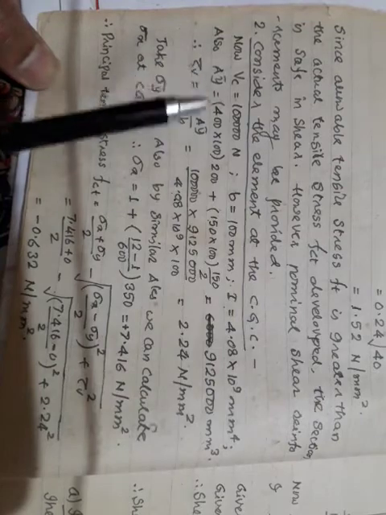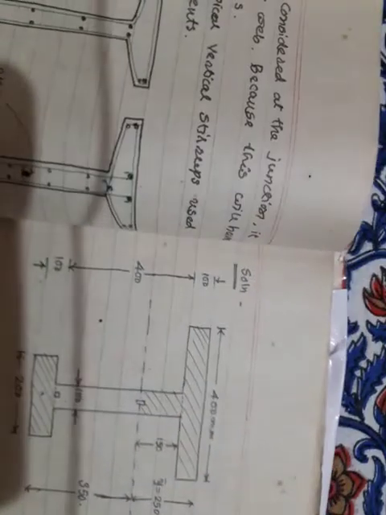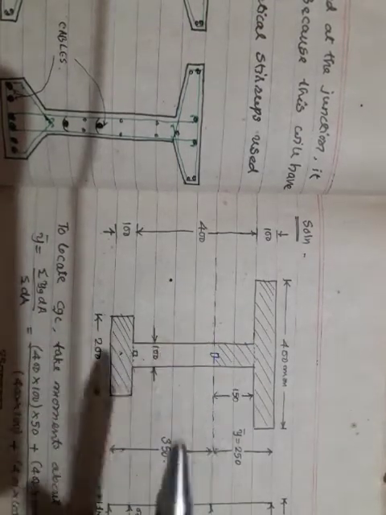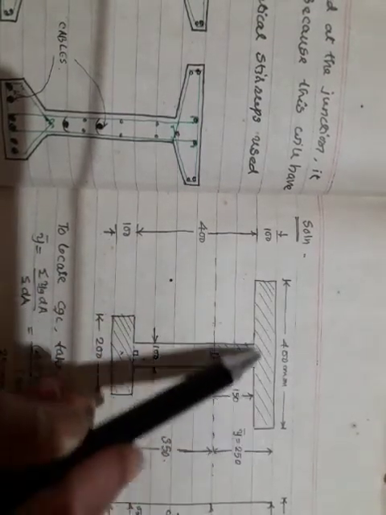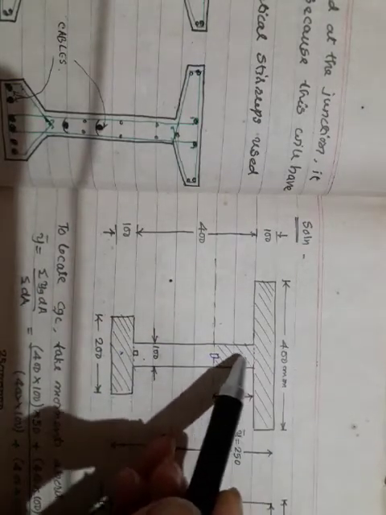A y bar means I have got two areas here. Please see, this is one area, 150 mm by 100 mm, and its lever arm is from here to here. You can easily calculate it. Plus this is the area 400 mm by 100 mm, and the lever arm is from the CG to here.